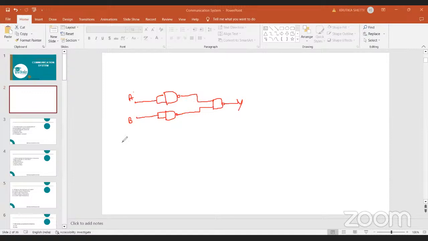So this is the circuit they have given. Options are: A, AND gate; B, NAND gate; C, NOR gate; D, OR gate. Identify the logic operation carried out by the circuit.